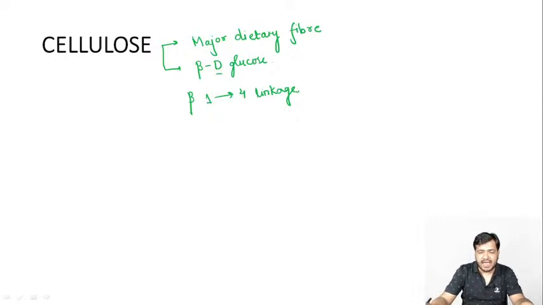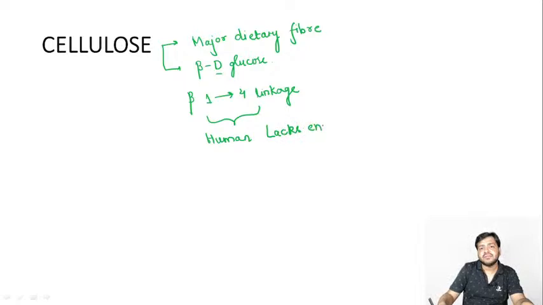And remember, humans lack the enzyme to hydrolyze beta 1 to 4 linkage.